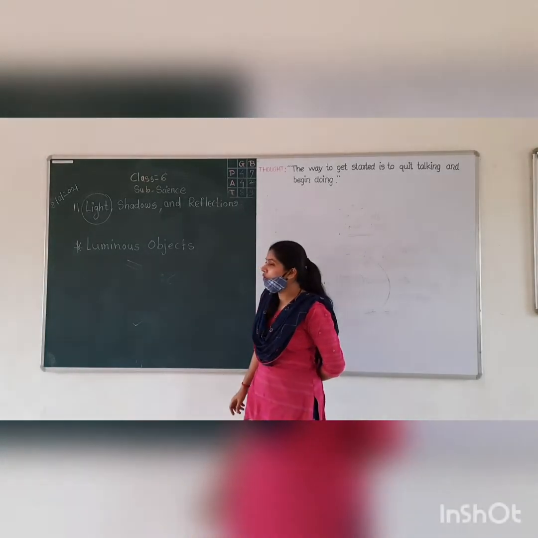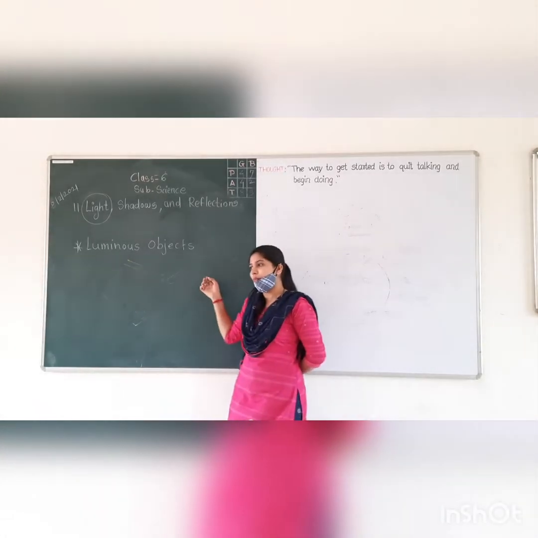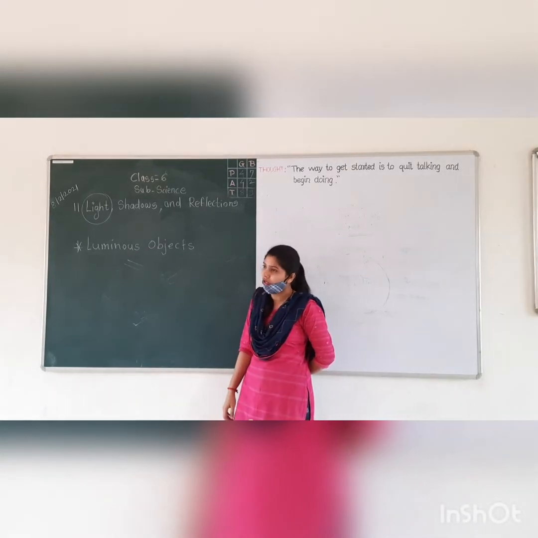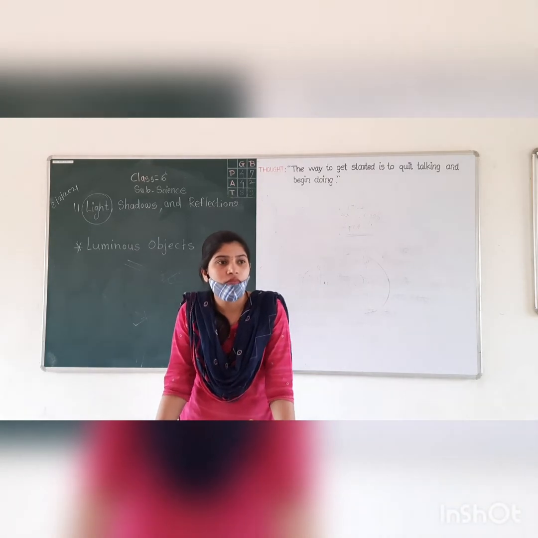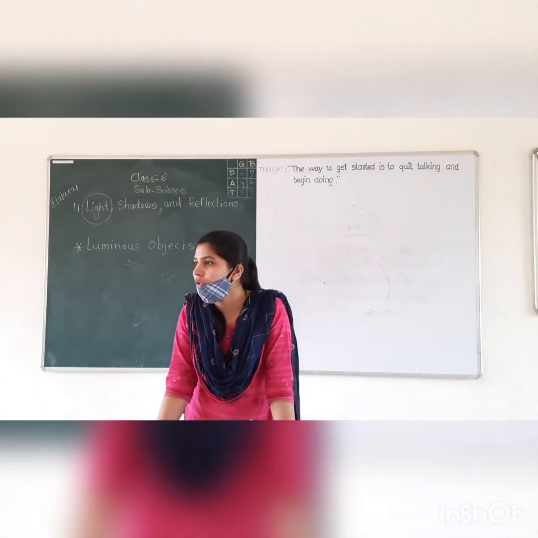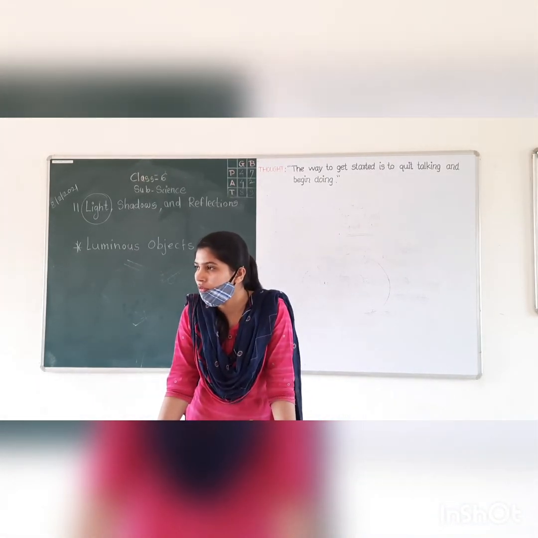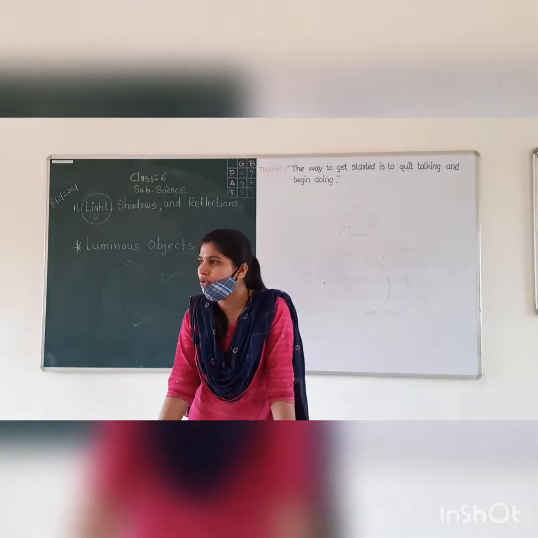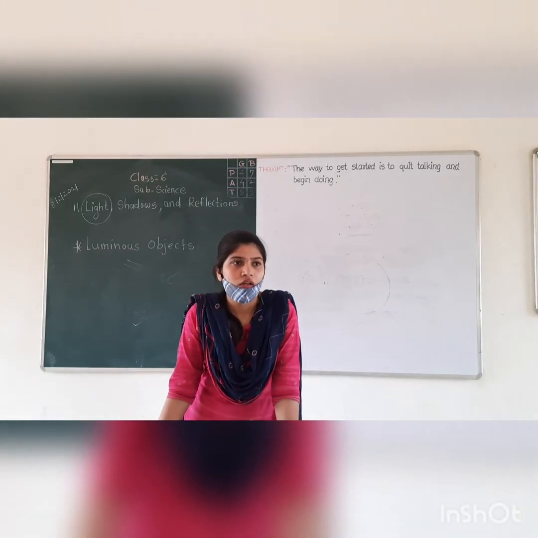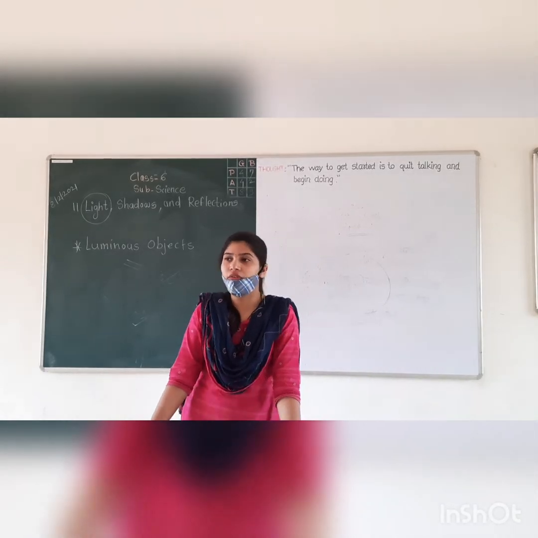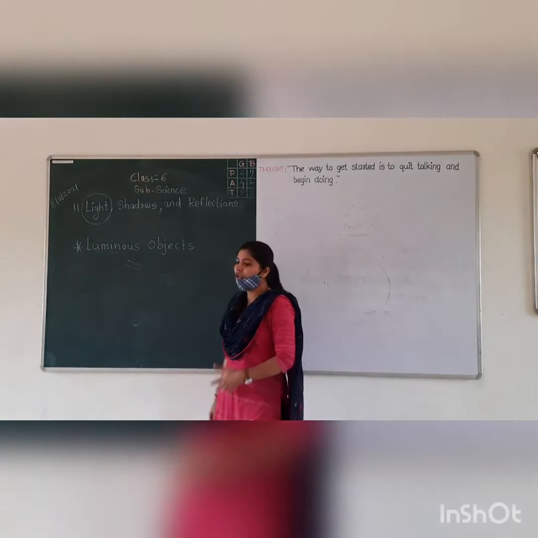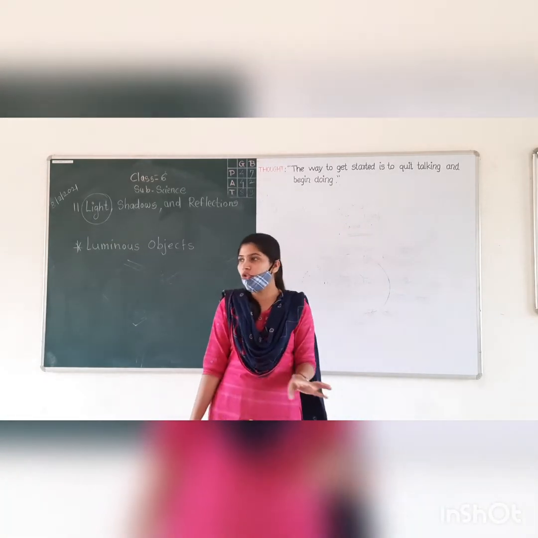These objects are called luminous objects. The things which give their own light are called luminous objects. If you are saying objects, then those are luminous objects. Understood?